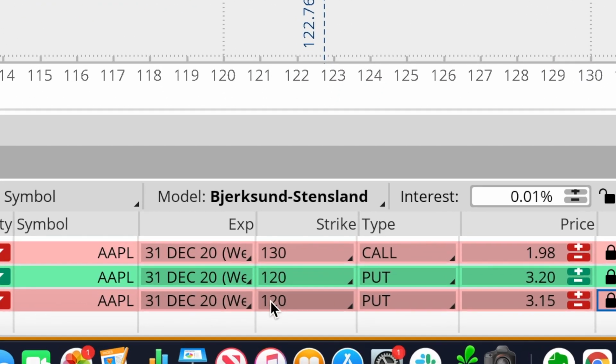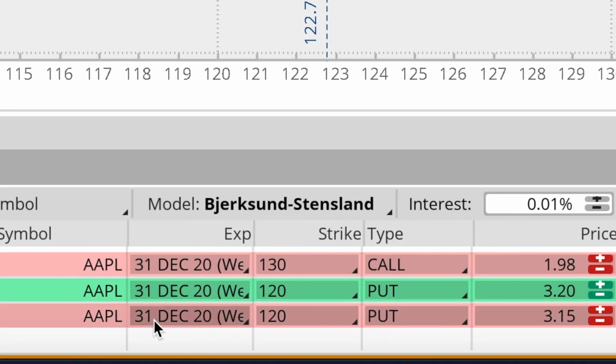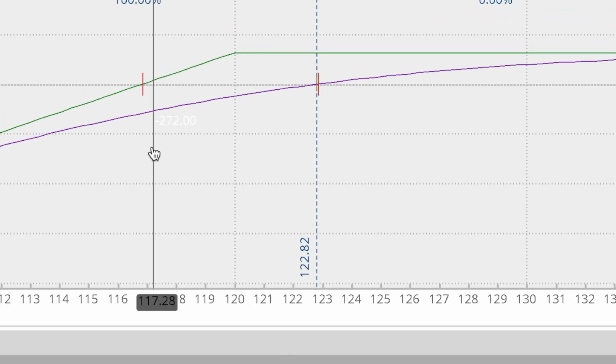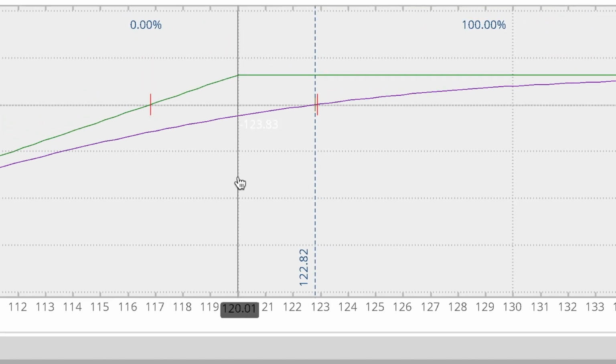So what you are saying when you sell the put contract is that you are willing to buy, in this case, Apple stock at $120, that's the strike price, anytime between now and December 31st. Somebody can put you their Apple shares for $120. Now right now it's trading at $122.